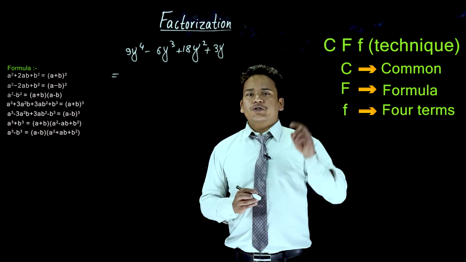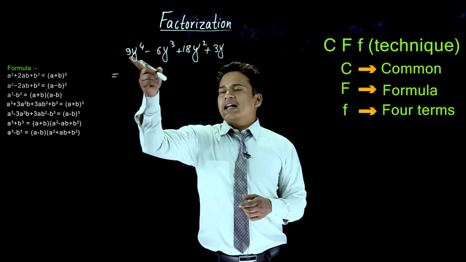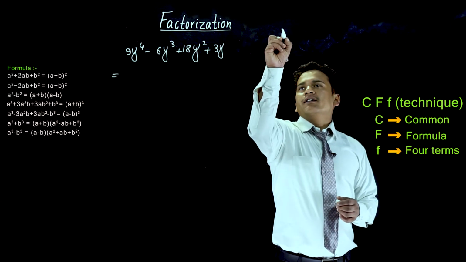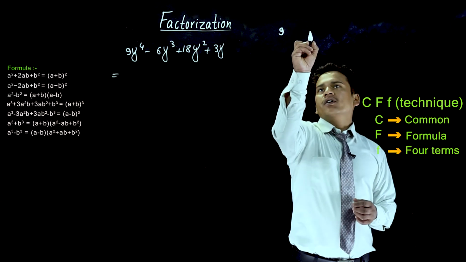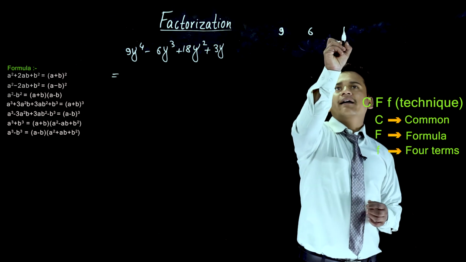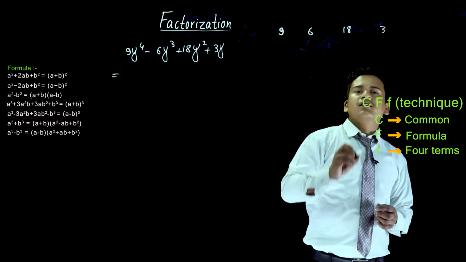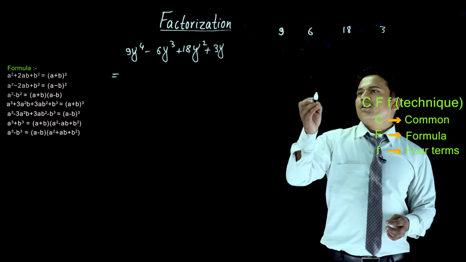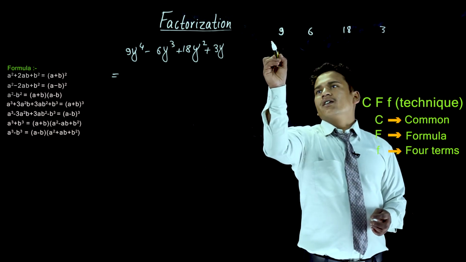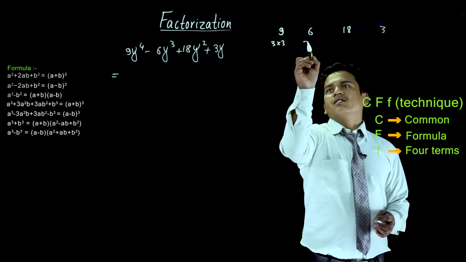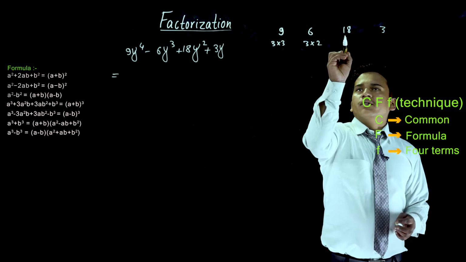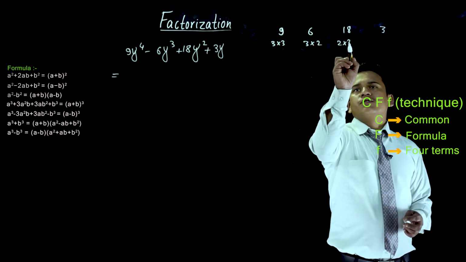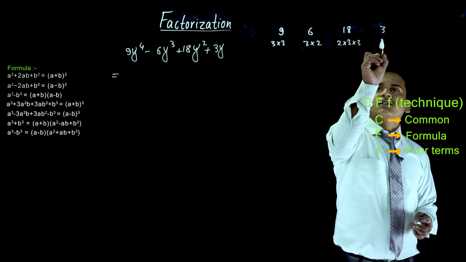Let's see the constant numbers. I'm going to write the constant numbers first: 9, 6, 18 and 3. These are the constant numbers in the 4 terms. Now let's factorize them. 9 is 3 times 3, 6 is 3 times 2, 18 is 2 times 3 times 3, and 3 is a prime number.